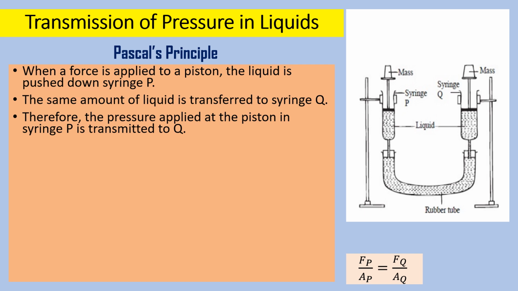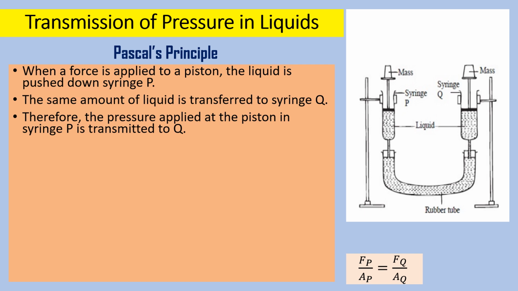So what we are saying basically is that the pressure applied on syringe P is given by force over area, so it will be Fp over Ap, and we are expecting that the same pressure will be transmitted to syringe Q. So the same pressure will be transmitted, so that we have Fq over Aq equal to Fp over Ap.